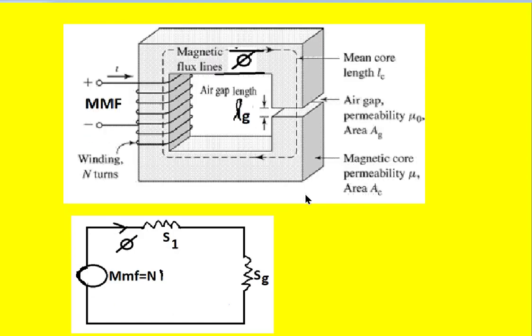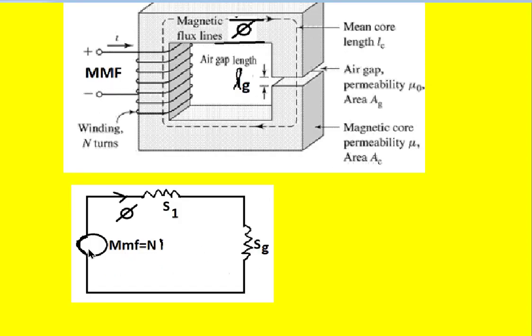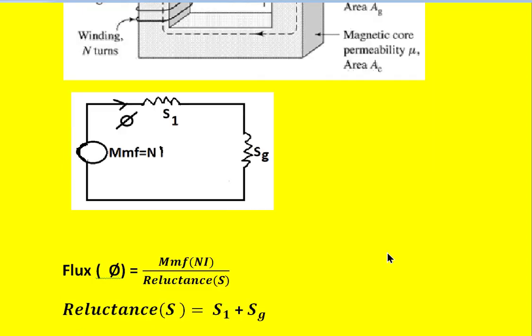Having known these parameters, it can be represented in terms of an electrical circuit like this. So it works as a source, that is Ni, MMF. This produces total flux. Here S1 is the reluctance offered by the magnetic core to the flow of the flux phi, and Sg is the reluctance offered by the air gap to the flow of flux.